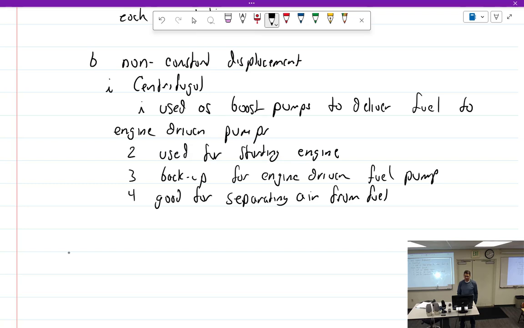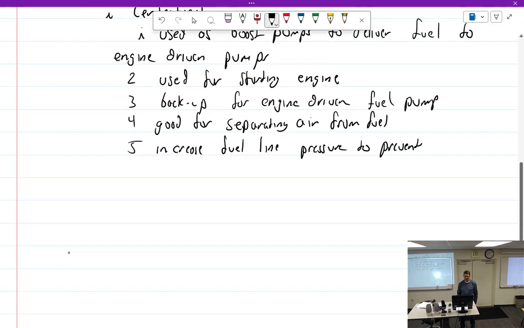There's even another reason here. Pump, starting, backup, separating. Oh yeah, gravity feed. Well, I was thinking increase fuel line pressure to prevent what? Vapor lock. Prevent vapor lock.